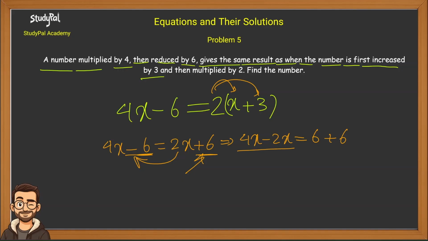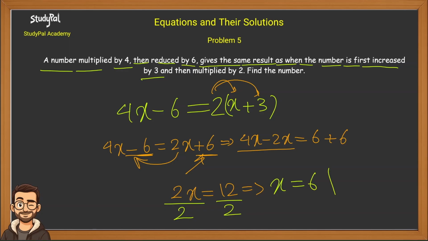Alright, 4x minus 2x is just 2x, and on the right hand side we have 12, and then again we want x alone. We divide both sides by 2. It gives us x equals 12 over 2, which is 6.